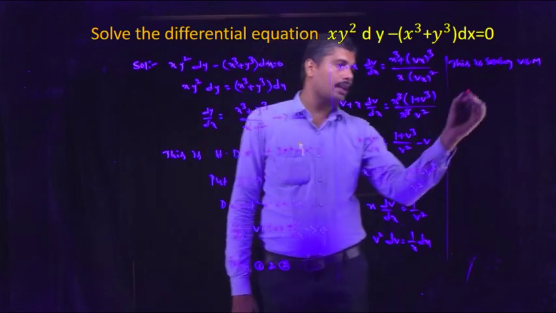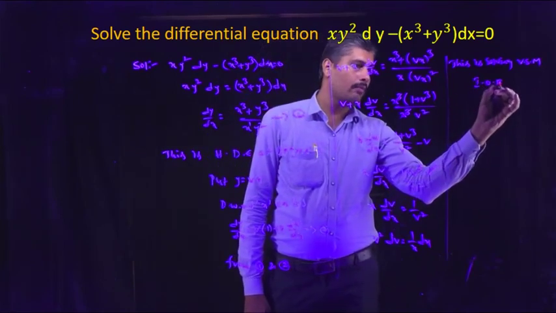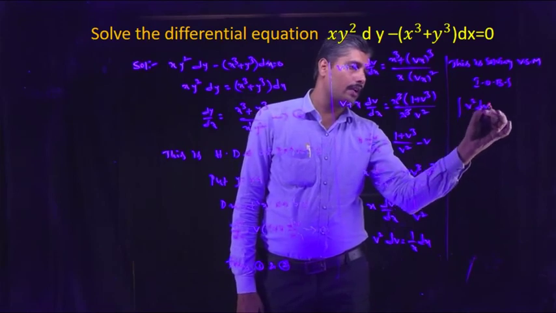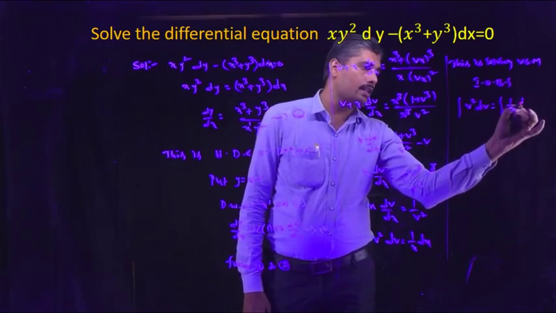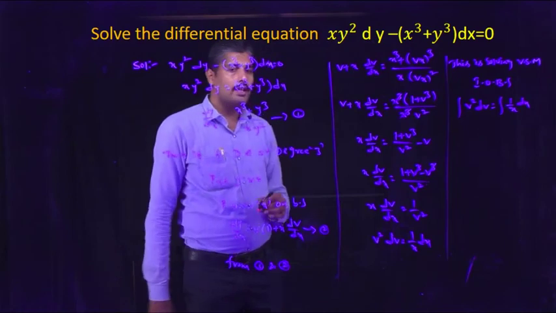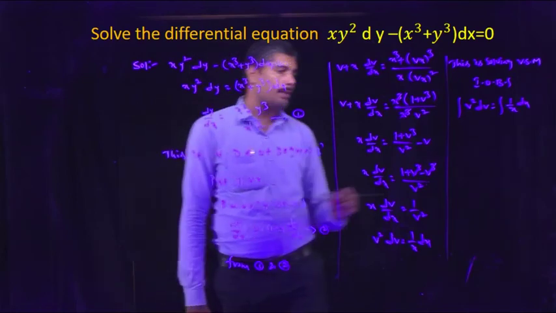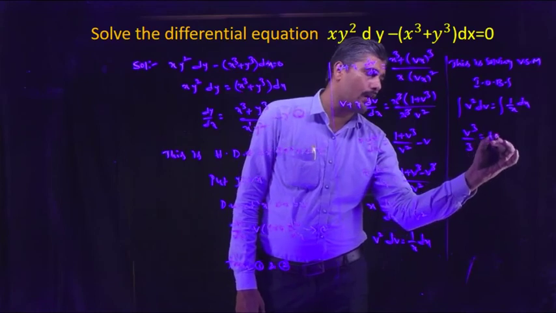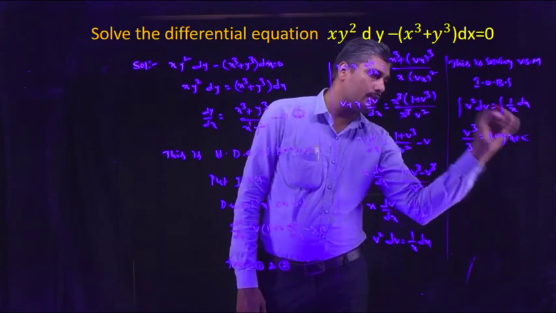Then integrating on both sides, integral v square into dv equal to integral 1 by x dx. We know that integral of x power n equal to x power n plus 1 by n plus 1. That equals v cube by 3 equal to log x plus we take constant c.